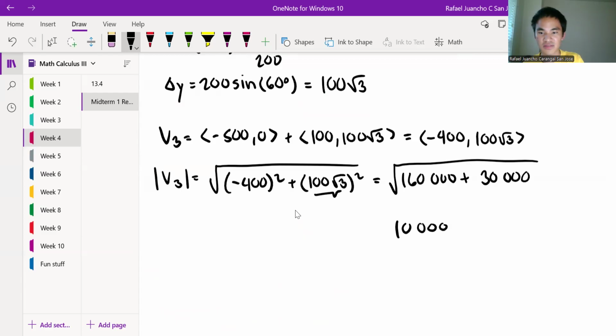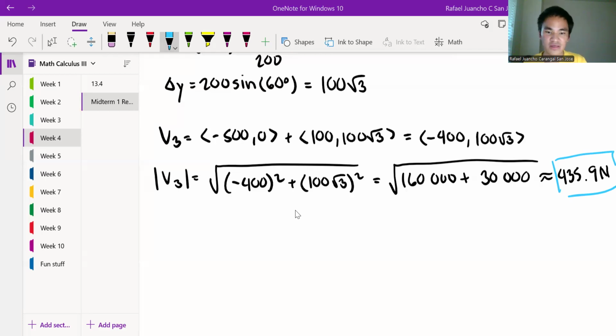I multiplied to 3, so I get 30,000. And I just add them, so I got 190,000. Then I square root that. So when I square root that thing, I got 435.9 magnitude. And so that's that.